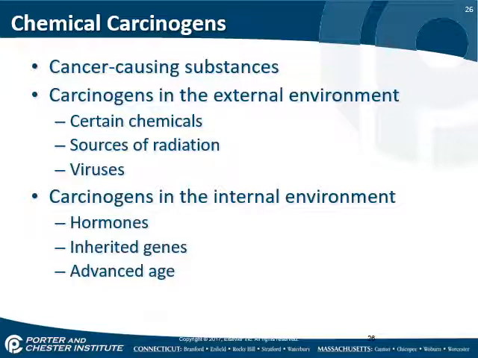And this was noted in chimney sweeps in 1775. Now, I'm not quite sure what they were cleaning those chimneys with. Hopefully it was a broom. But all these gentlemen were showing up with cancer of the scrotum. And this is the first time we were able to put together some sort of an exposure to a chemical to a group of people having a high incidence of cancer.